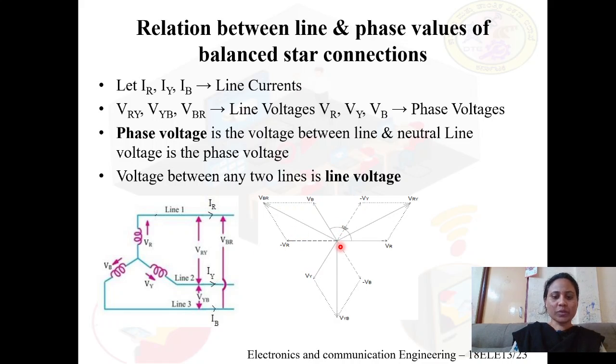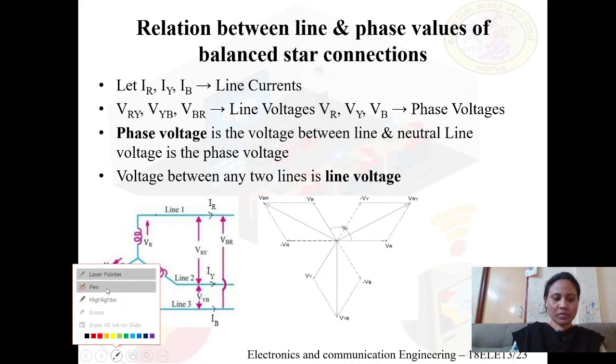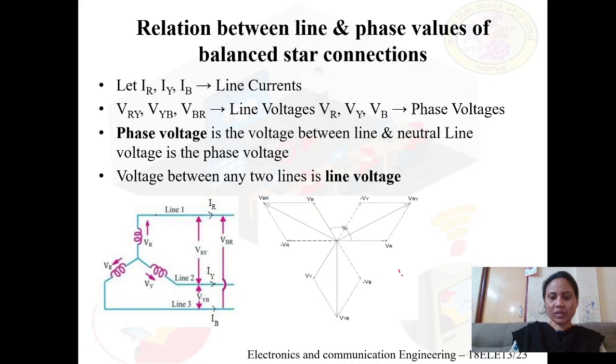representing the phase and line voltages we have shown in this figure. This is the phasor diagram representing the line and phase voltages. So how we will write this vector diagram is, first we must take the phase voltages.